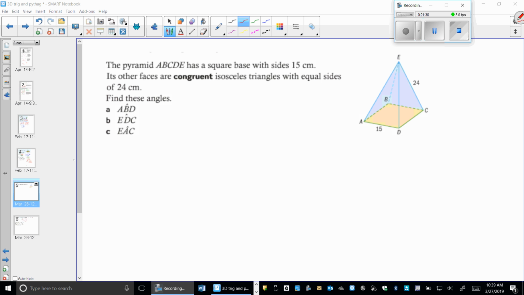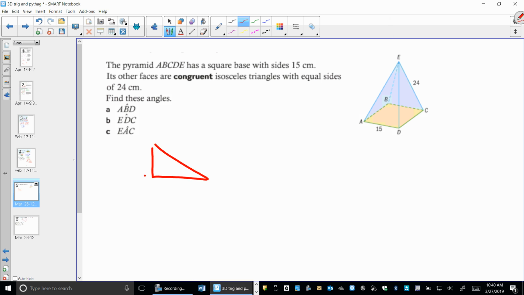A, B, D. So this bad boy here. So we know that AD is 15. Do you know anything else? Yeah, this side's 15, AB.